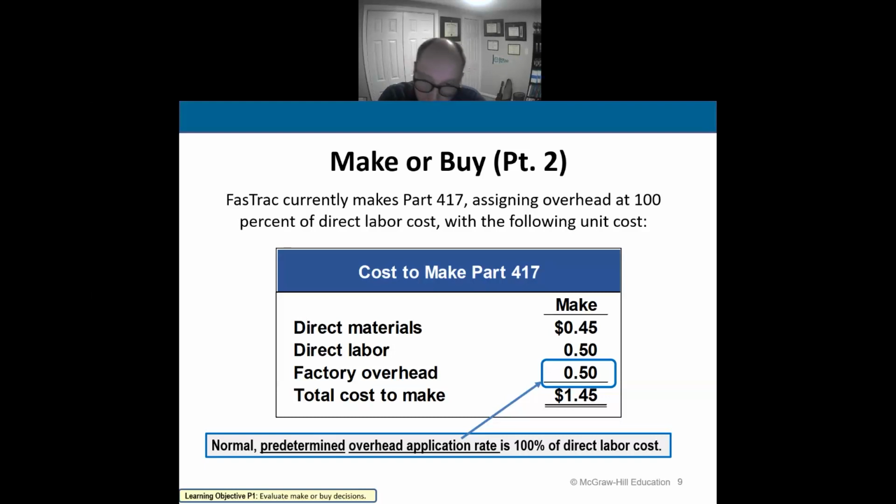That's the rubber, the plastic. Labor costs me 50 cents per pair of wiper blades, part 417. My factory overhead is 50 cents. It's 100% of direct labor, my predetermined factory overhead rate. So that gives me a total cost of $1.45 to make part 417, which is a pair of wiper blades in our example.